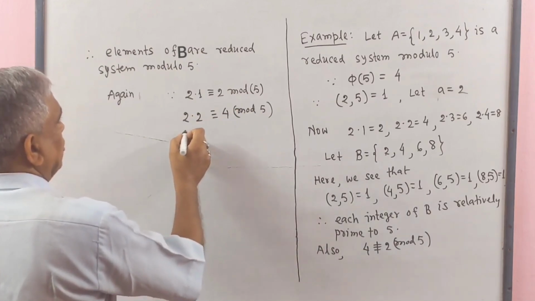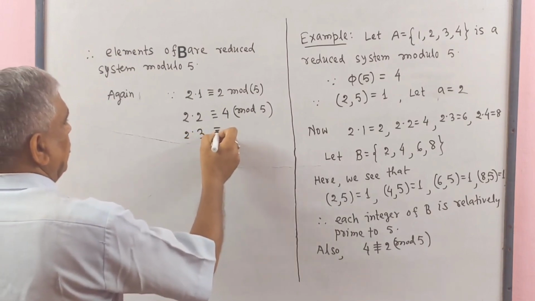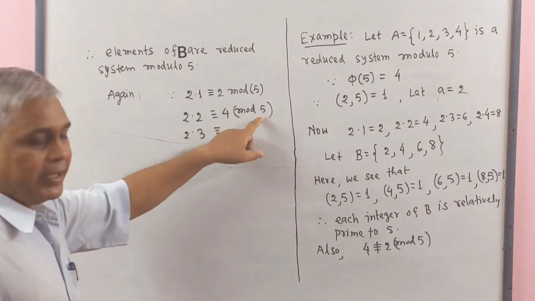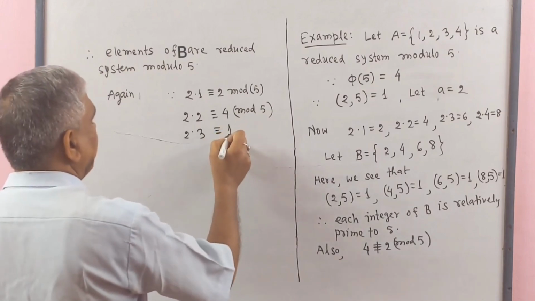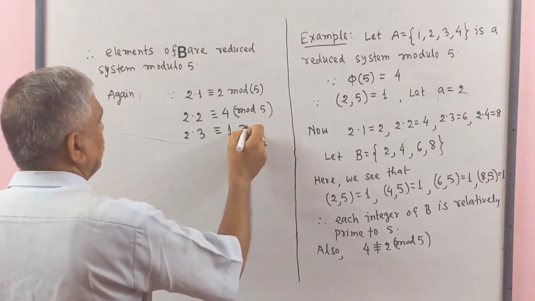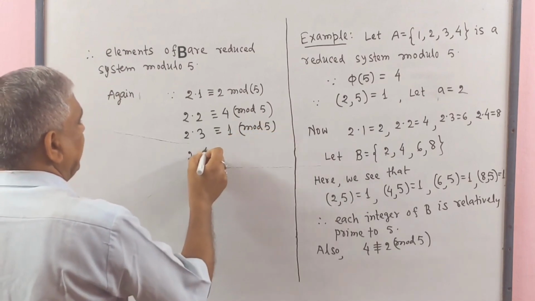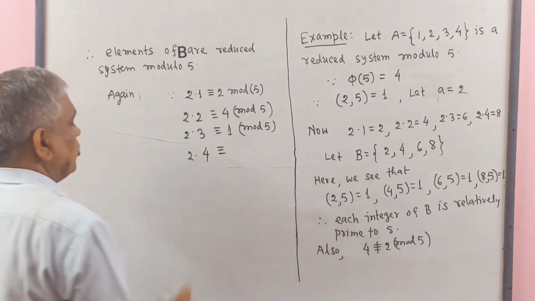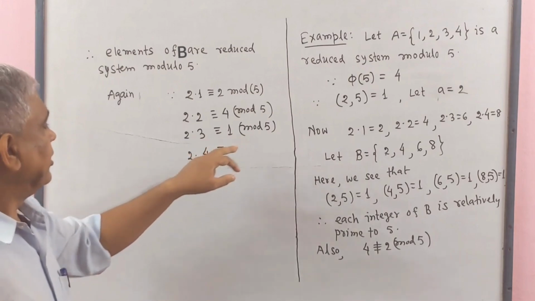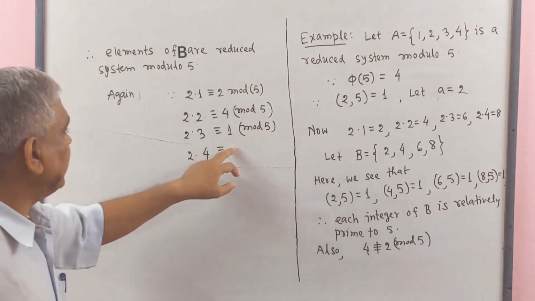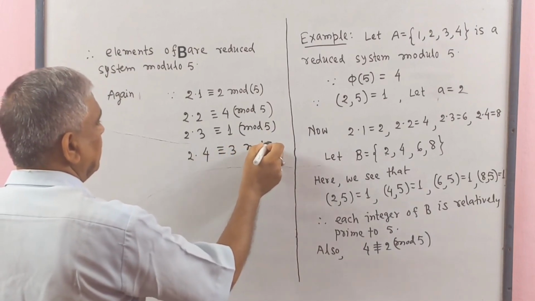Now 2 multiply 3 is 6. When 6 is divided by 5, we get remainder 1, so congruent to 1 modulo 5. 2 multiply 4 is 8. When 8 is divided by 5, we get remainder 3, so congruent to 3 modulo 5.